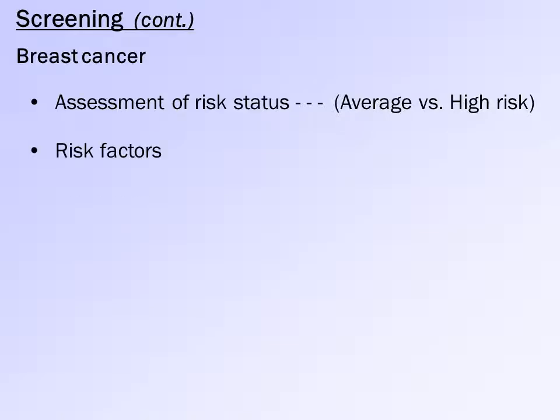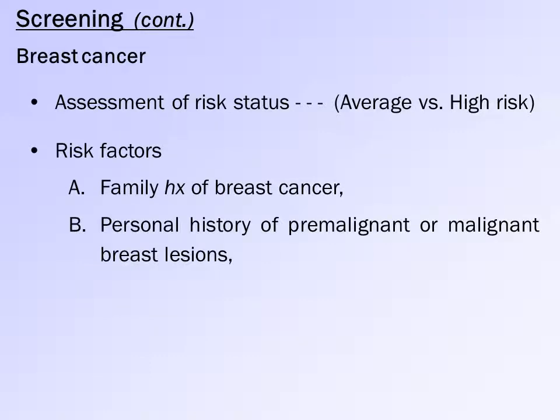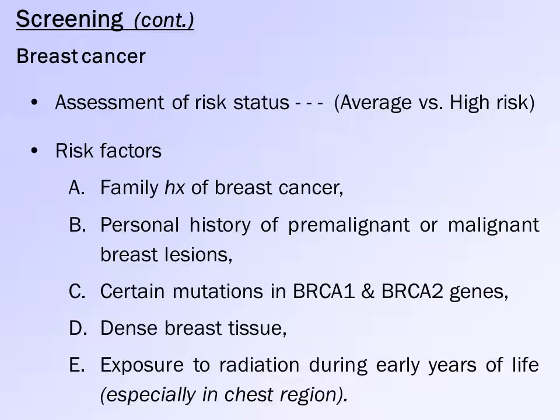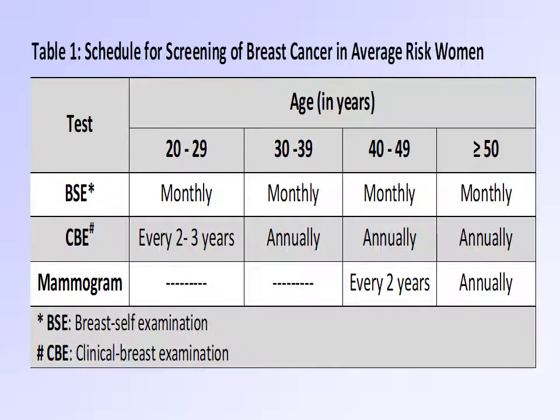Risk factors include family history of breast cancer, personal history of pre-malignant or malignant breast lesions, certain mutations in BRCA1 and BRCA2 genes, dense breast tissue, and exposure to radiation during early years of life, especially in the chest region. This table shows the schedule of screening of breast cancer in average risk women, while for high risk women, the risk will be assessed individually according to each state, test or condition.